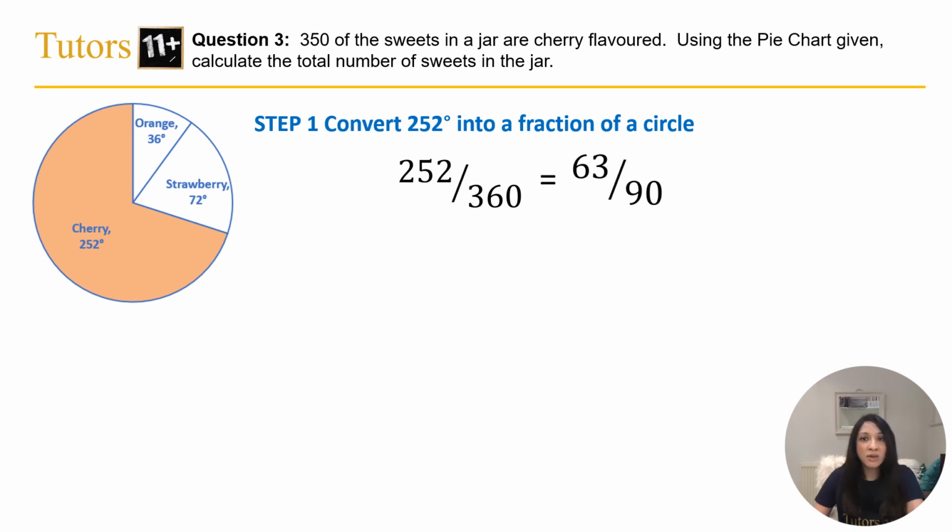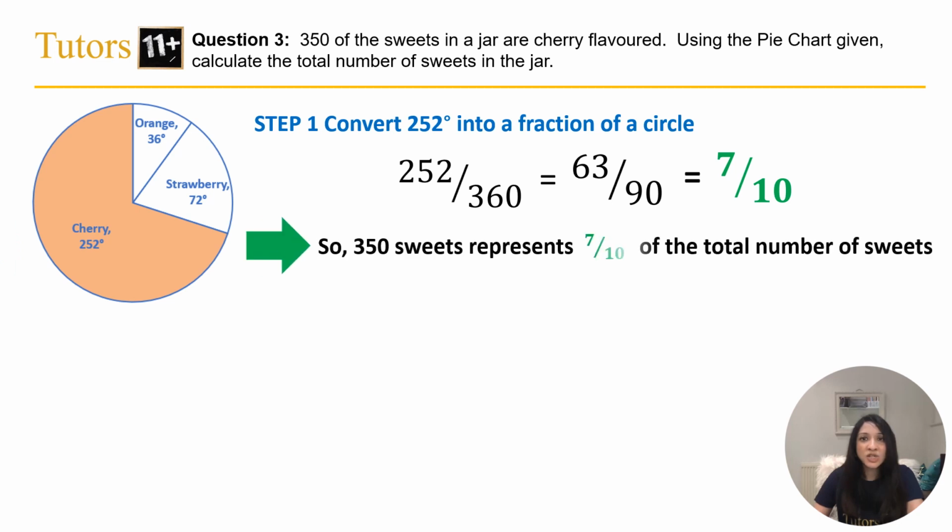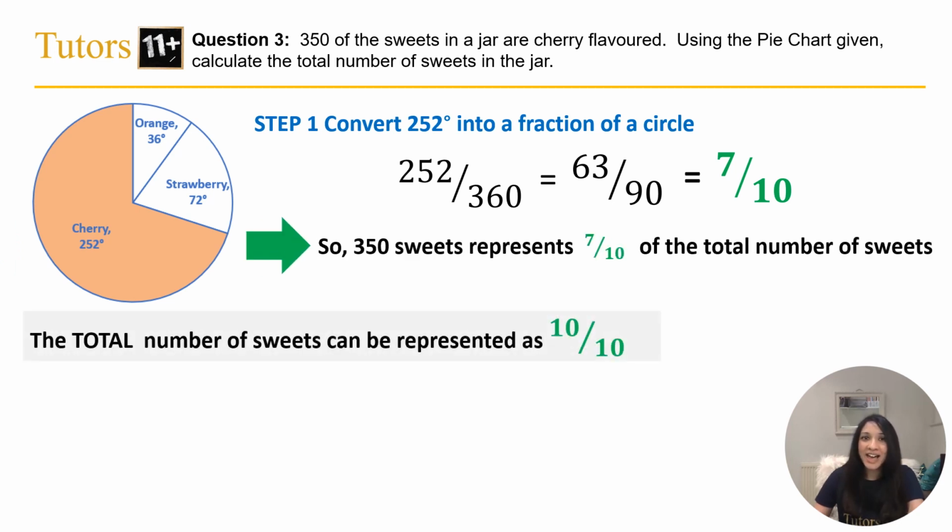This into lowest terms is 7/10. In other words, 350 represents 7/10 of the total number of sweets. To work out the total number of sweets, therefore, we just need to work out what 10/10 would be, as 10/10 is just another way of representing the total.